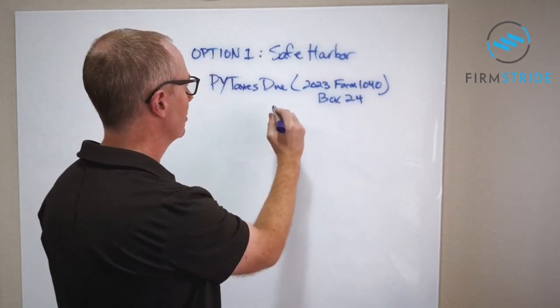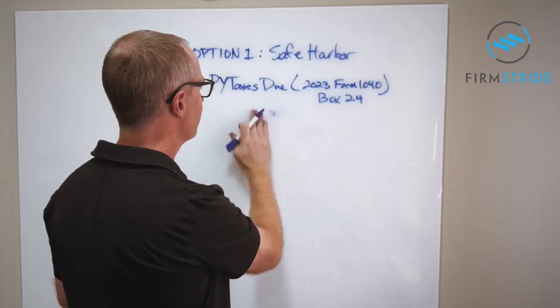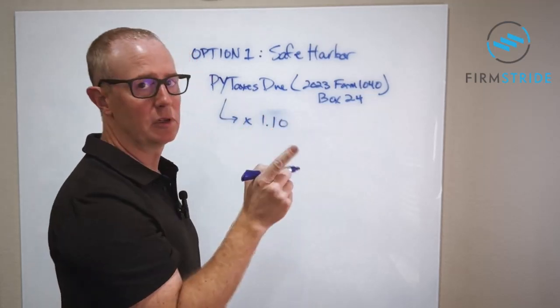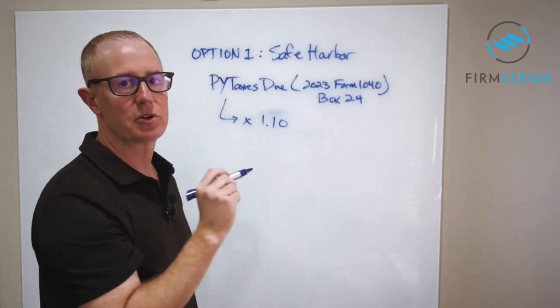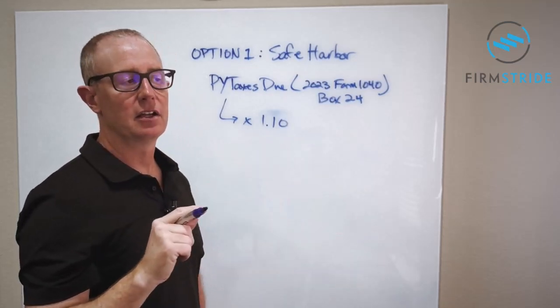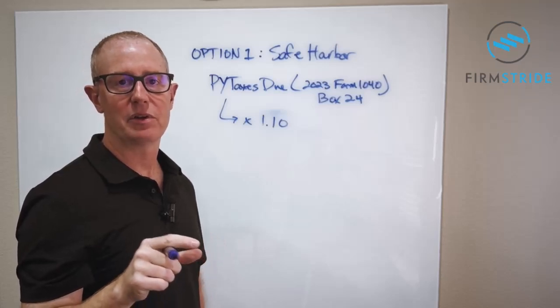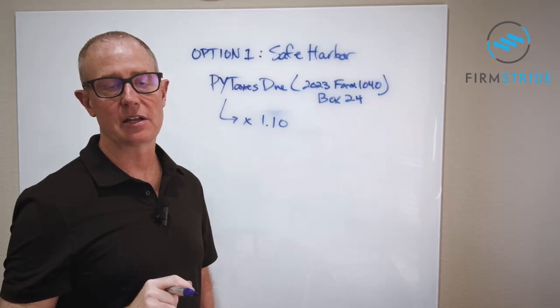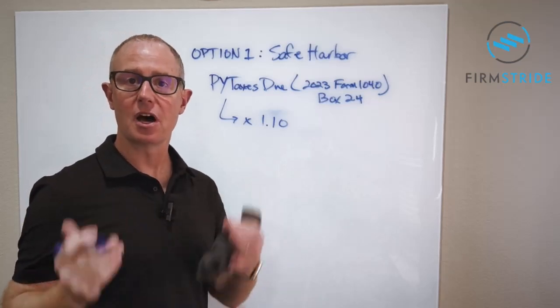So you take this number and you multiply it times 1.1. So the rule is that if you pay 110% in, then you won't have a tax penalty. You have to get within 90% of your actual number or pay in 110%. So the Safe Harbor method uses the 110%.